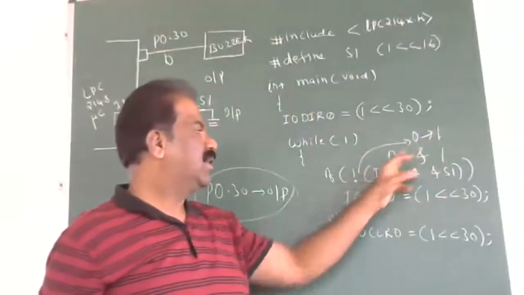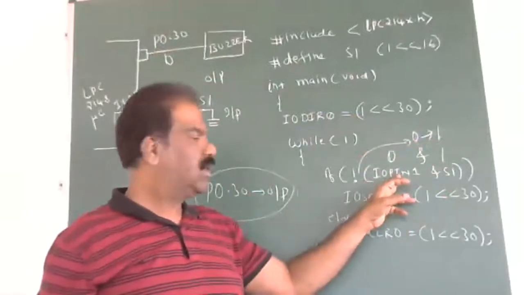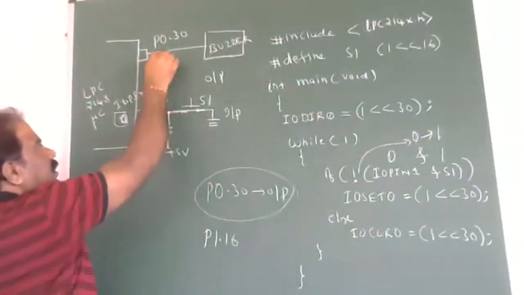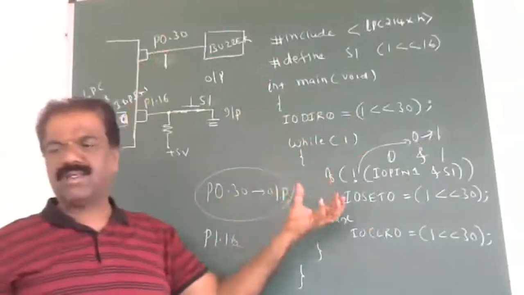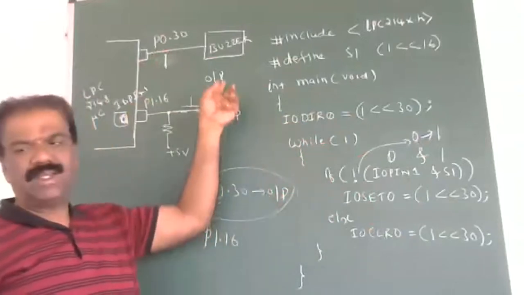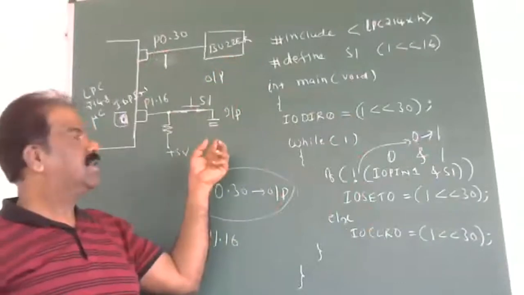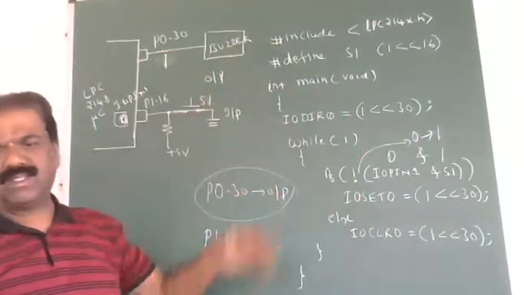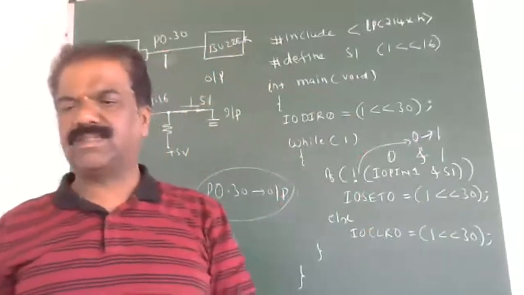Not low becomes high. If everything is replaced by high, that is true, so make this pin high. Then you get the buzzer sound. If you press, you get a beep sound; if you release, it is off. If you press, on; if you release, off. So this is the logic behind this program.